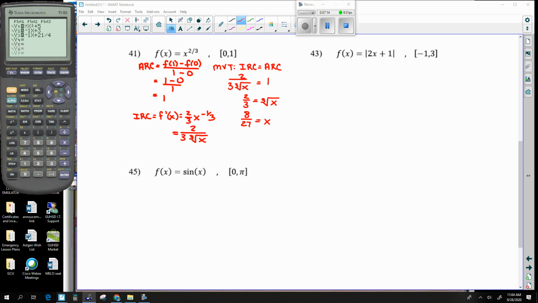I'm just going to take a look at the graph of this real quick. This is not differentiable on -1 to 3. You'll notice that if this is -1, this is +1.